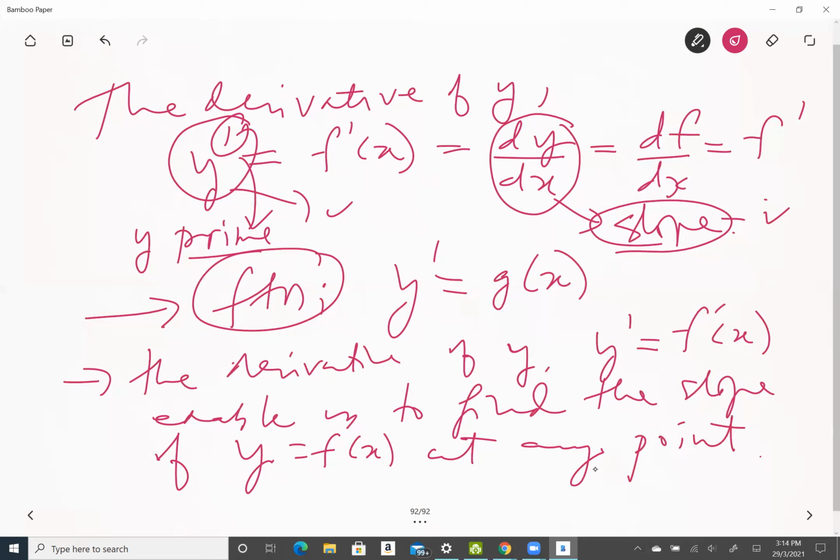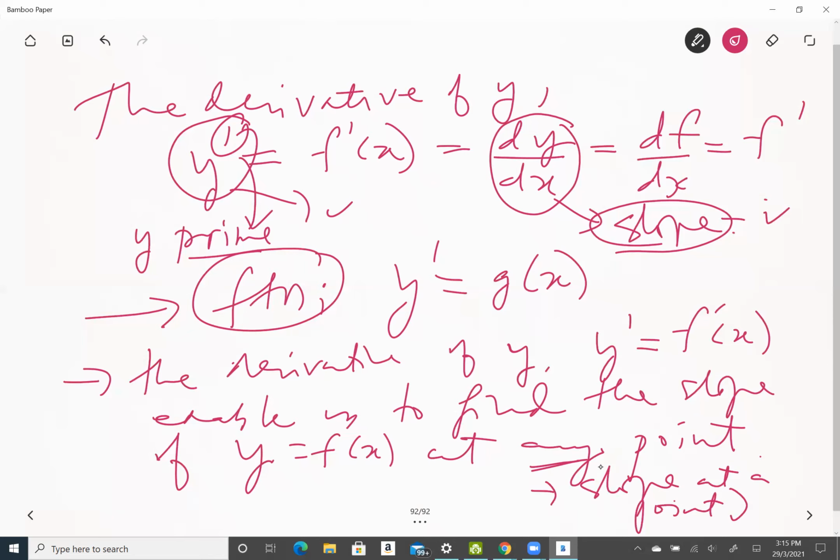So that's where the derivative is related to the slope. The derivative that we get from the function will enable us to determine the slope of the function at any point. So the derivative, sometimes we call it the slope at a point.